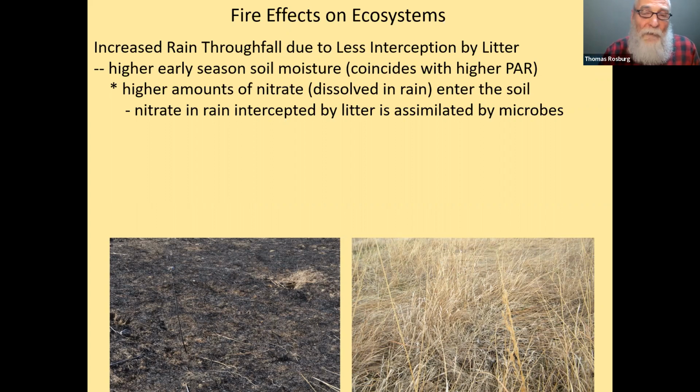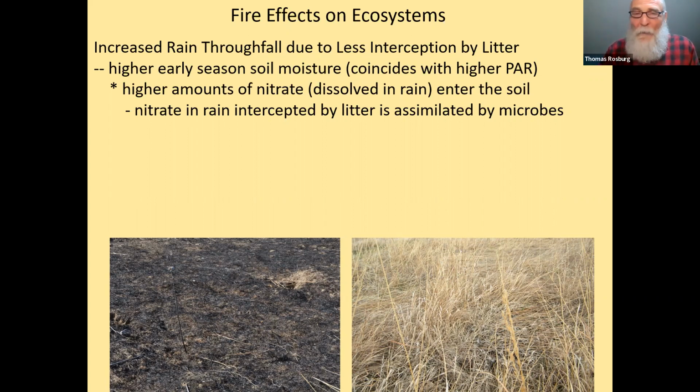So that's important because, as it says here, in burn plots there's a considerably higher amount of soil moisture early in the growing season that coincides with the exact same time when there's also higher light. Those two things coinciding together are going to be two factors that contribute together in terms of the amount of growth that plants can have.